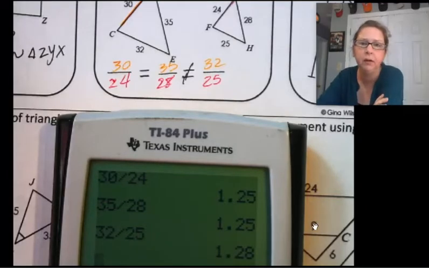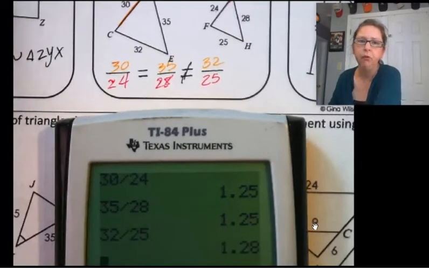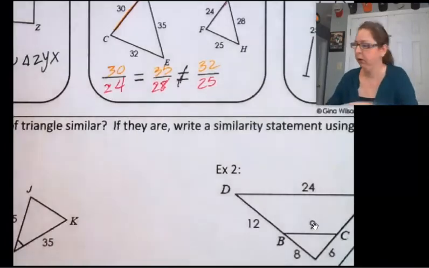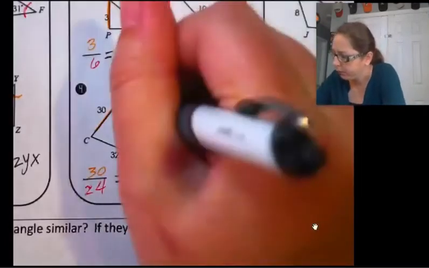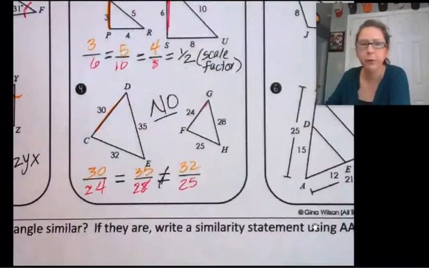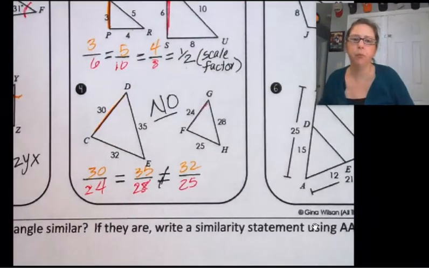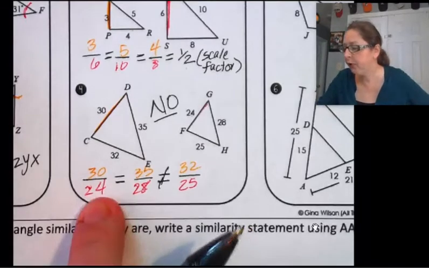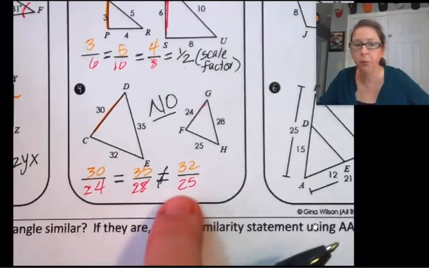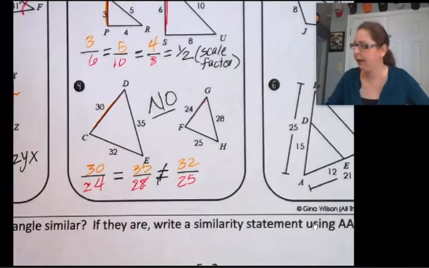It's different, okay? So the answer to this is no. No, these are not similar to one another, okay? So sometimes you do have to check all three because there might just be one that doesn't belong, okay?